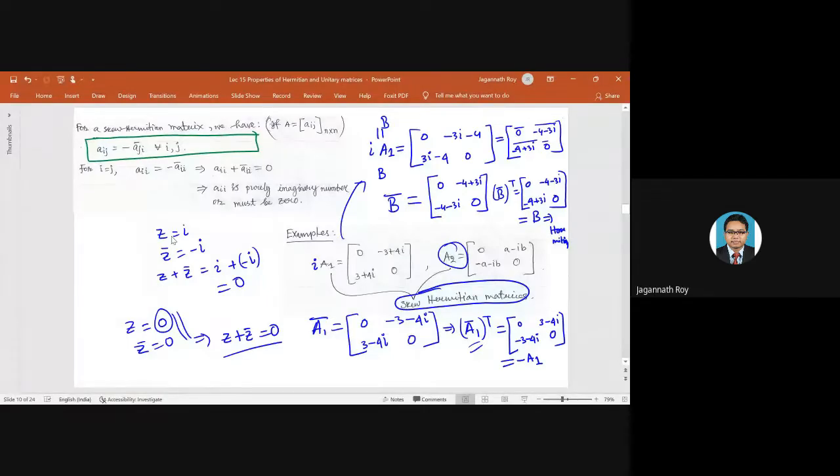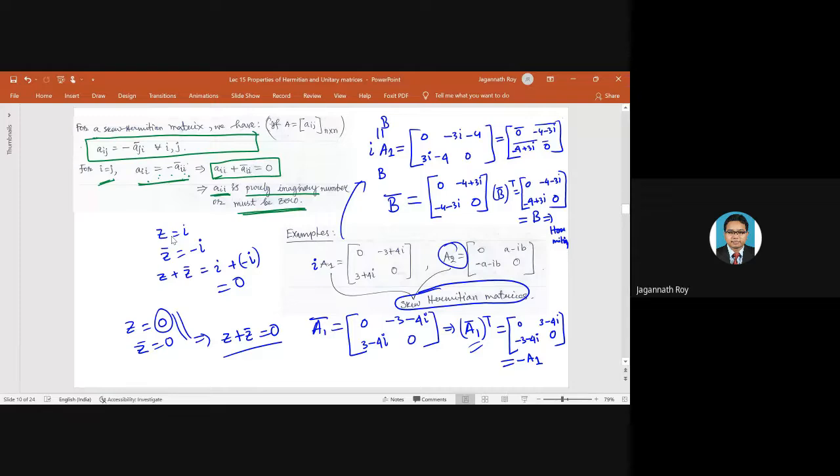For i equals j, aii equals minus aii conjugate. This relation holds only if aii, the principal diagonal elements, are either purely imaginary or zero.